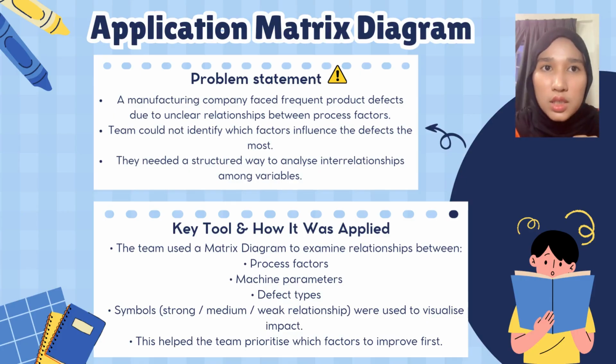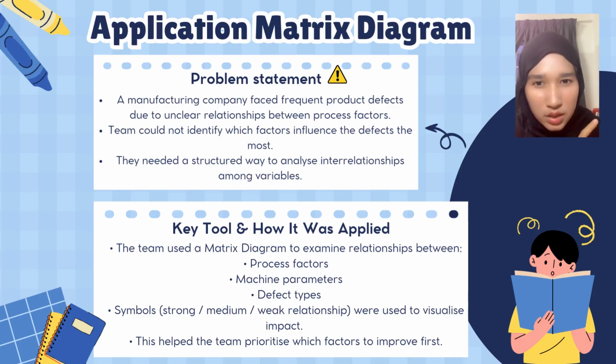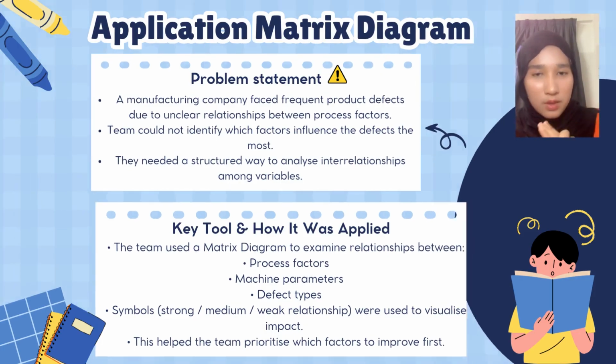Then they filled in symbols such as strong, medium, or weak relationship to identify which factor had the biggest impact on the defect. With this matrix, the team could prioritize which factor needed improvement first.